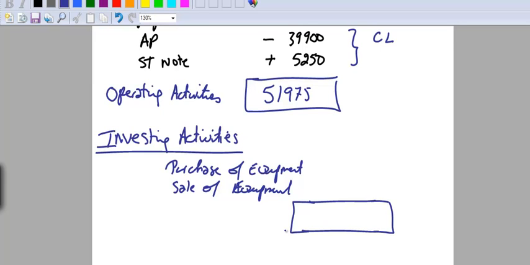We purchase cash by paying $35,000. The note payable is irrelevant because we're doing a cash flow statement. And when we sold our equipment, we sold it for $19,075. So this is an inflow. From 35,000 negative and 19,075 positive, this is $15,925. This is cash from investing activities.